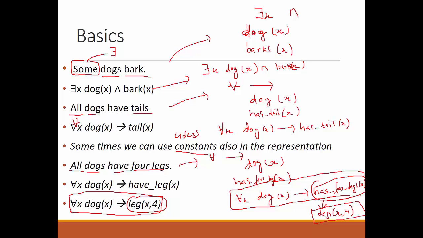So instead of having these things in the predicate, we had it inside the parenthesis. So this is how we can represent it. So this gets modified to, let me write it here. So this gets replaced with this. For all x, x is a dog, therefore x has 4 legs.